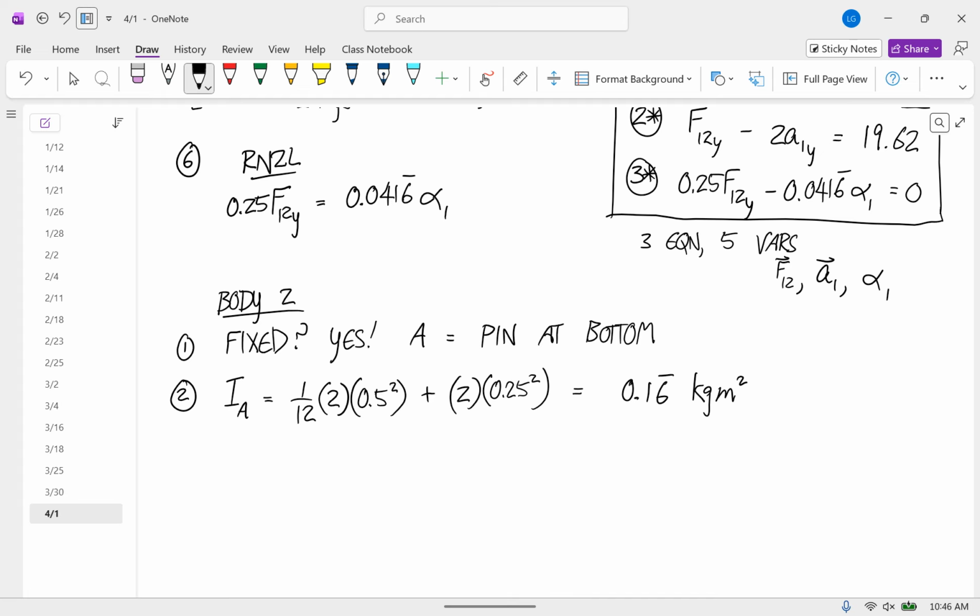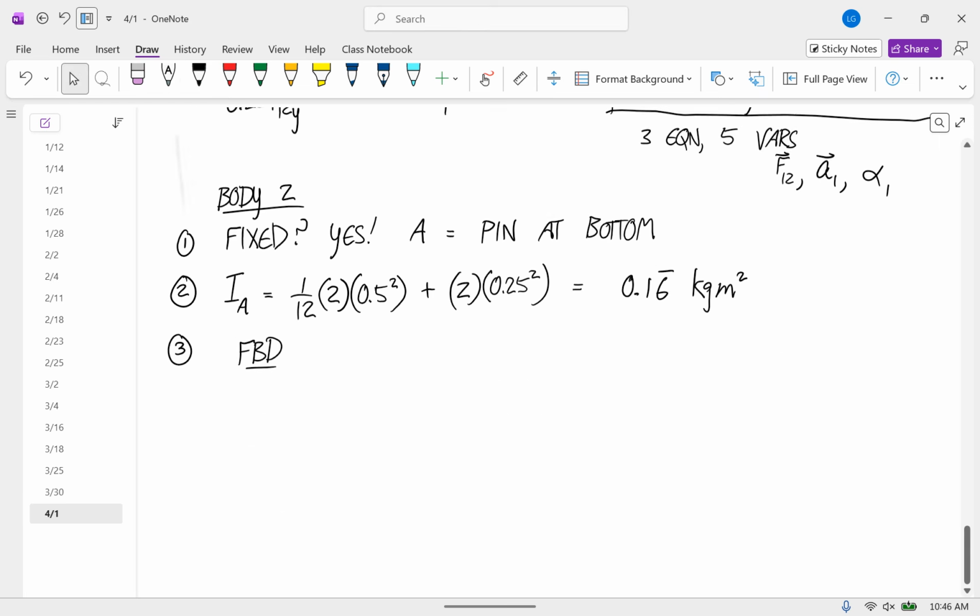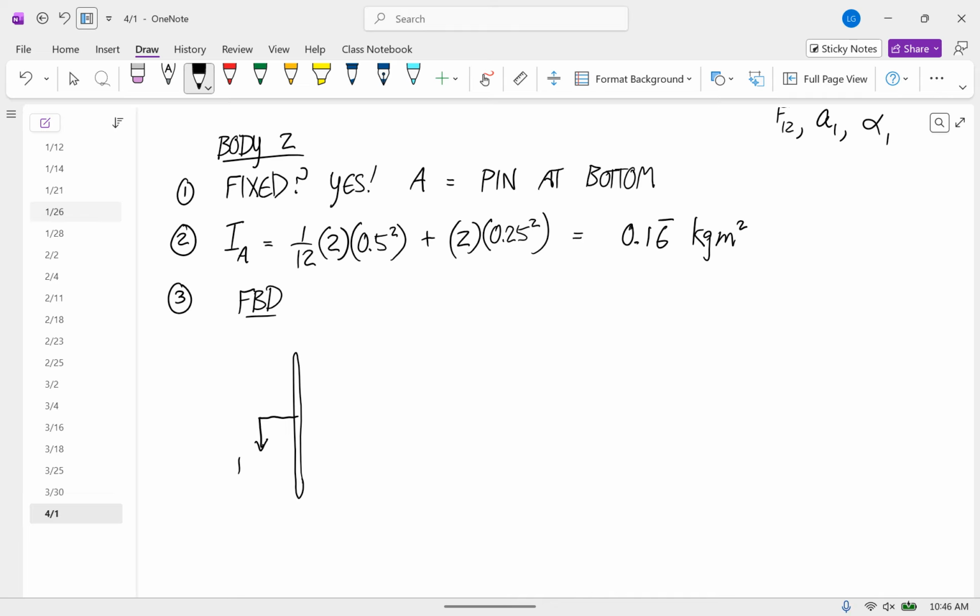Okay, so the moment of inertia of the second one is bigger than the first one because this one isn't about the center of mass. And now the free body diagram. At the center, we have a weight force of 19.62. At the bottom, we have a pin.